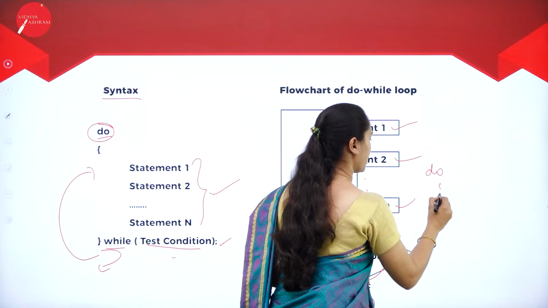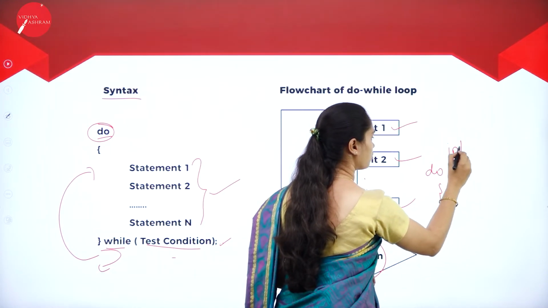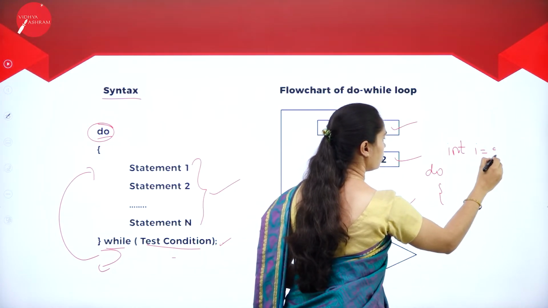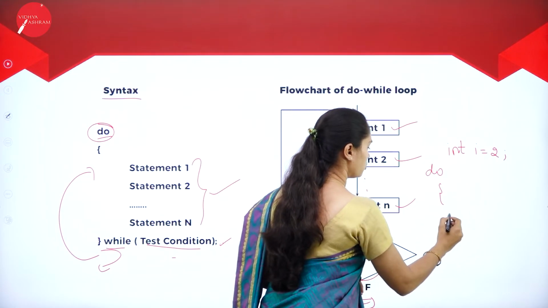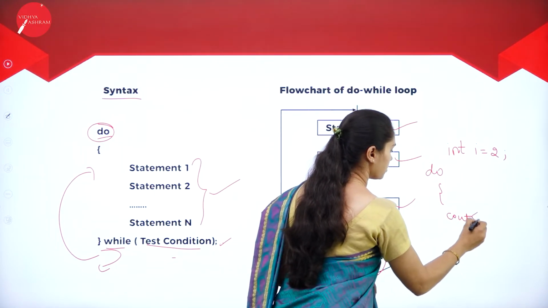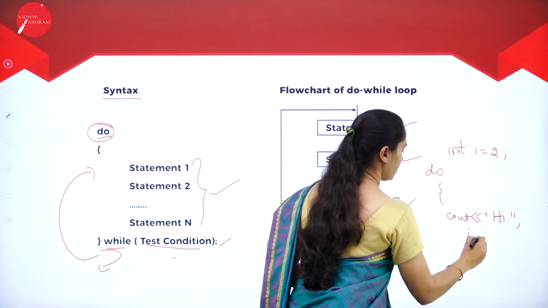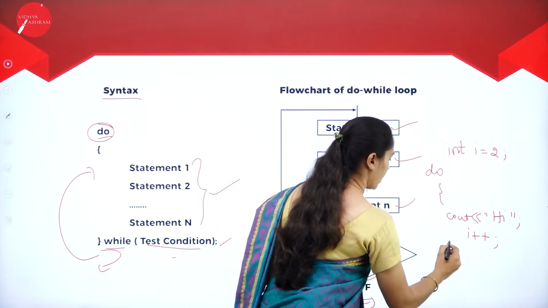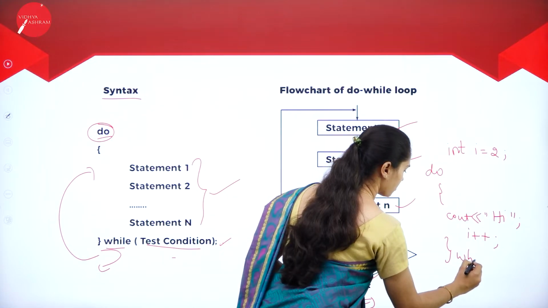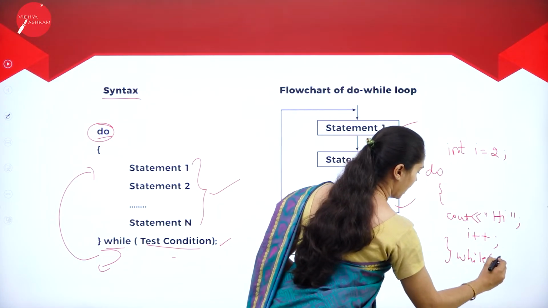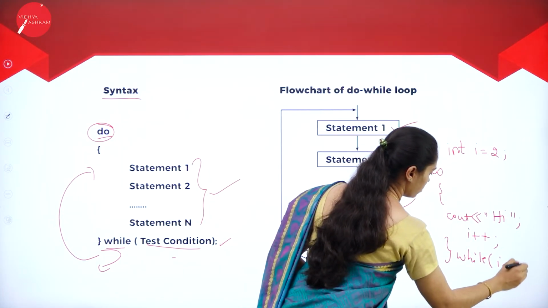Same example I am taking: do. Before that I have to take int i = 2. Okay, so do cout hi, then i++, and I am taking while (i <= 2).